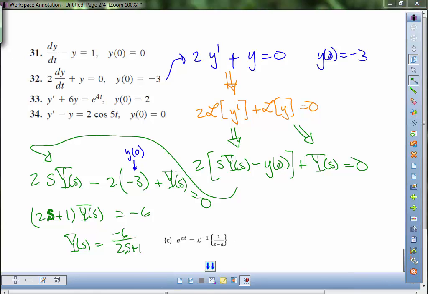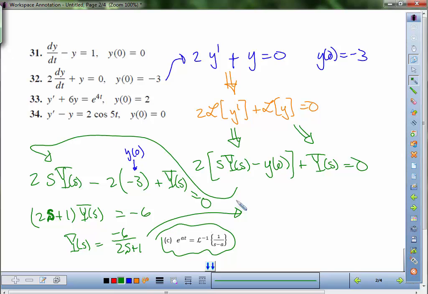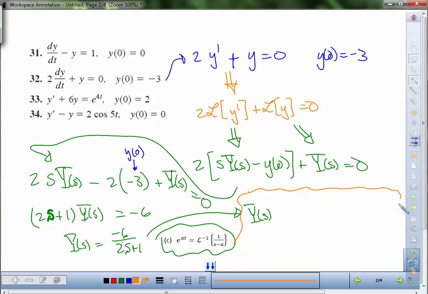We hope to be able to rewrite this thing to make it look like that somehow. If I can factor out a 2 from the bottom, that would be great, right? So this should be the transitional period here.